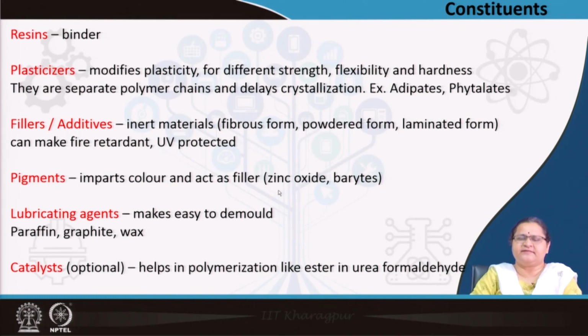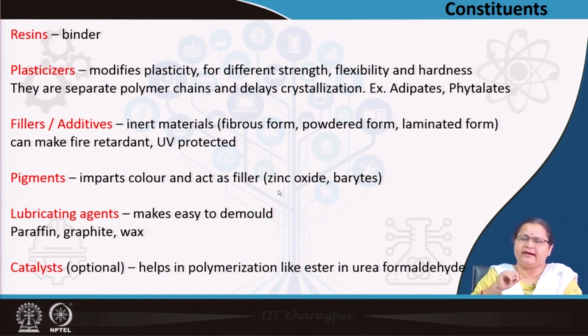Fillers or additives are the inert materials which may be in fibrous form, powdered form, or laminated form, and they can impart other properties which the resin or the binder does not have.